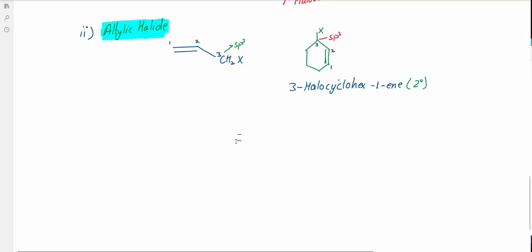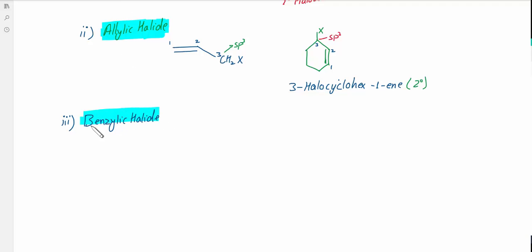Okay, the next category is again an important one. This is called benzylic halide. So from the name itself you must have got the hint that it will again be a benzene derivative.